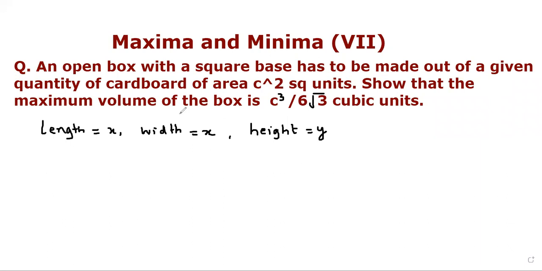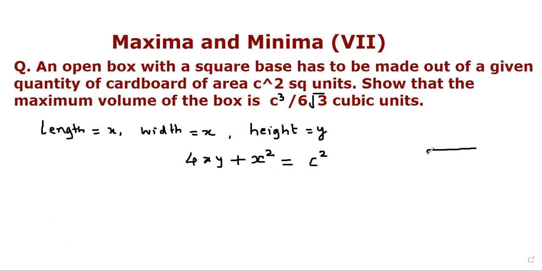So for an open box, we have to find the total surface area. That will be the area of four sides plus the area of the base. So the area of four sides will be 4xy, plus the area of base, which is x square, and that must be equal to the area of the cardboard, c square.